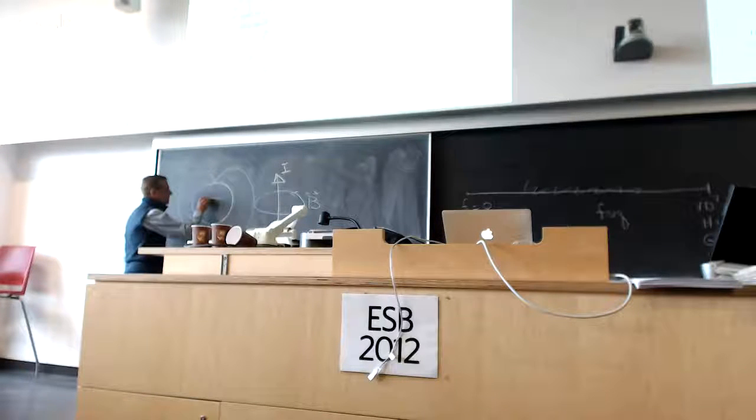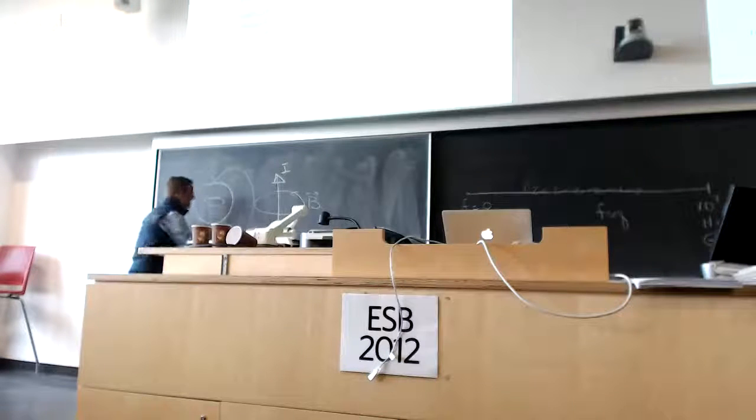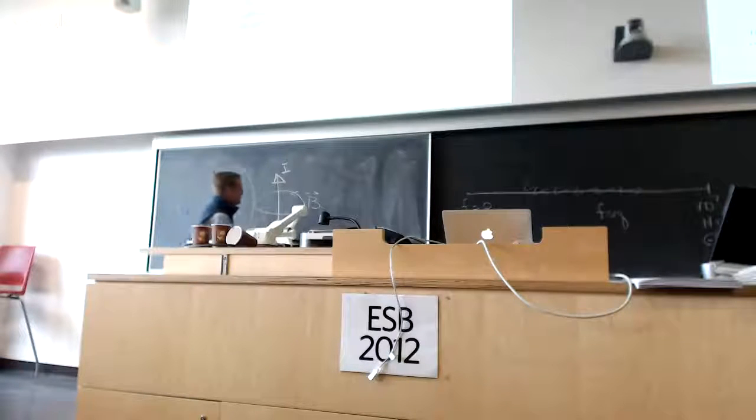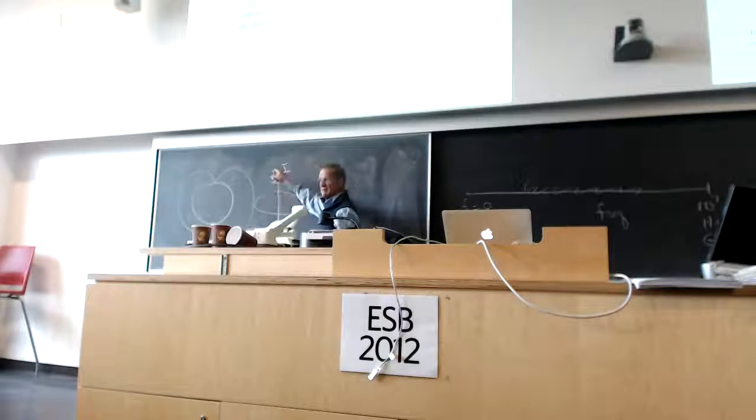Let me do one more thing here. So suppose I've got a current, a wire that's going up like this, right? So now I've got a magnetic field. But now suppose I took this wire and bent it into a circle.